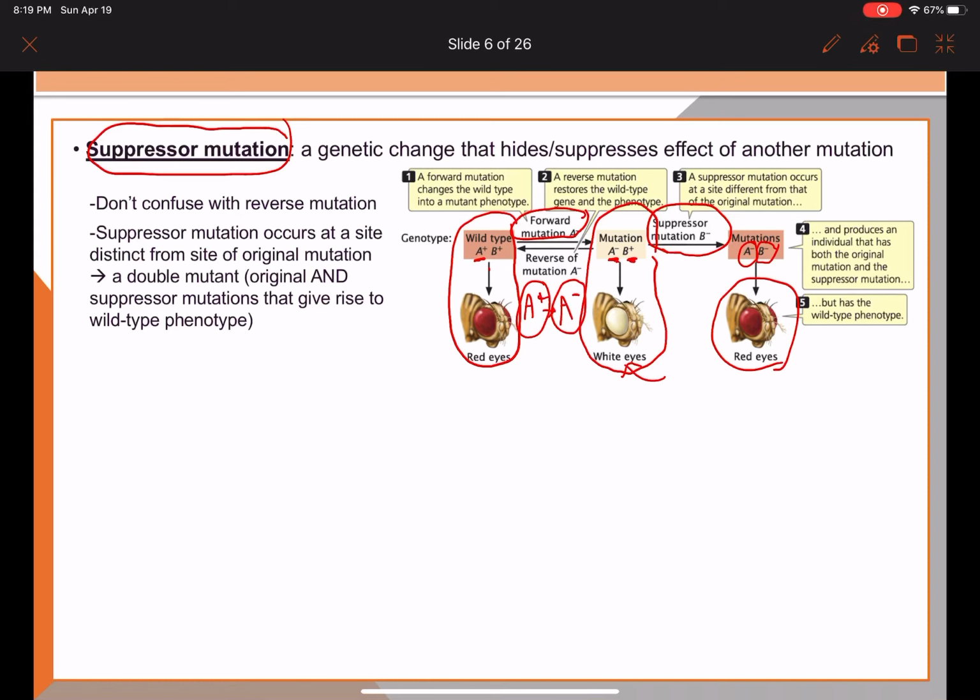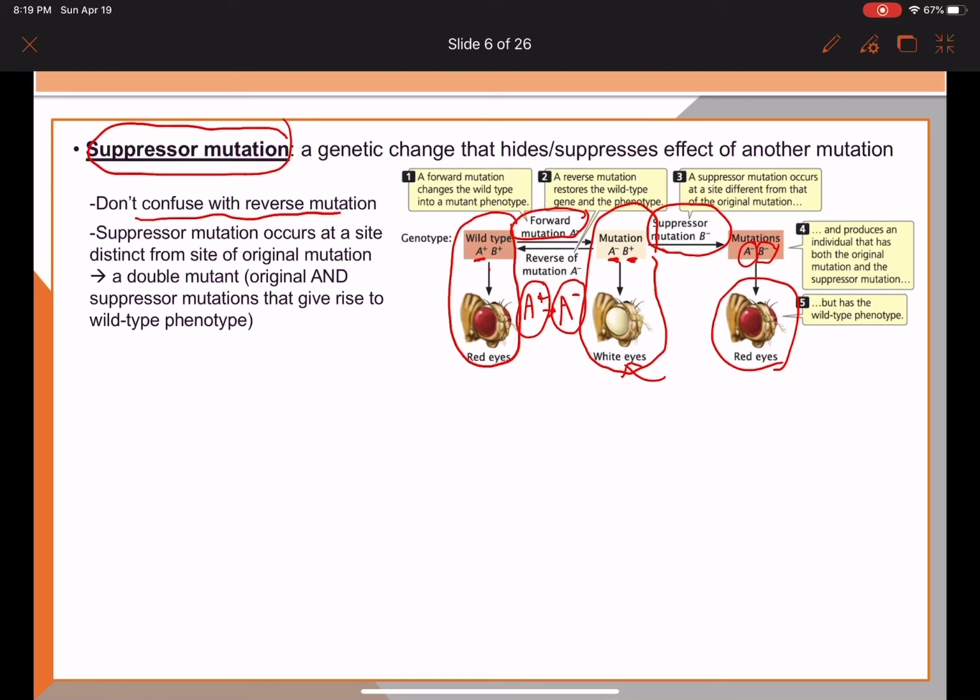Again, this is why in the yeast lab, when you're explaining why the red colonies turn into white colonies, you probably have mentioned that it may be due to a reverse mutation or a suppressor mutation. Now you understand what those were about. So remember not to confuse suppressor mutation with reverse mutation.